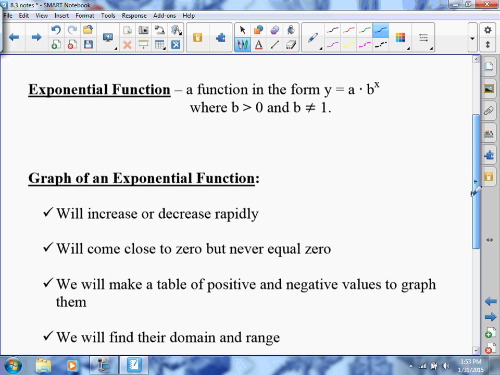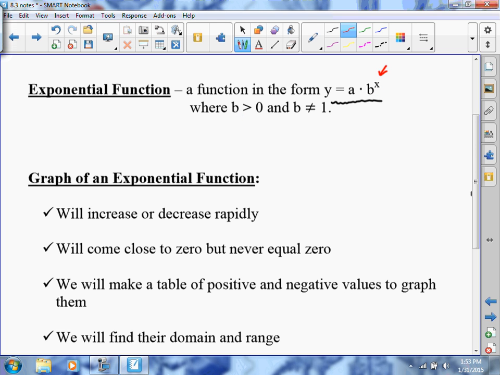Now, an exponential function is a function that has this particular form: y equals a times b to the x. And x is going to be your exponent, so that's why it's an exponential function. And b is going to be your base.